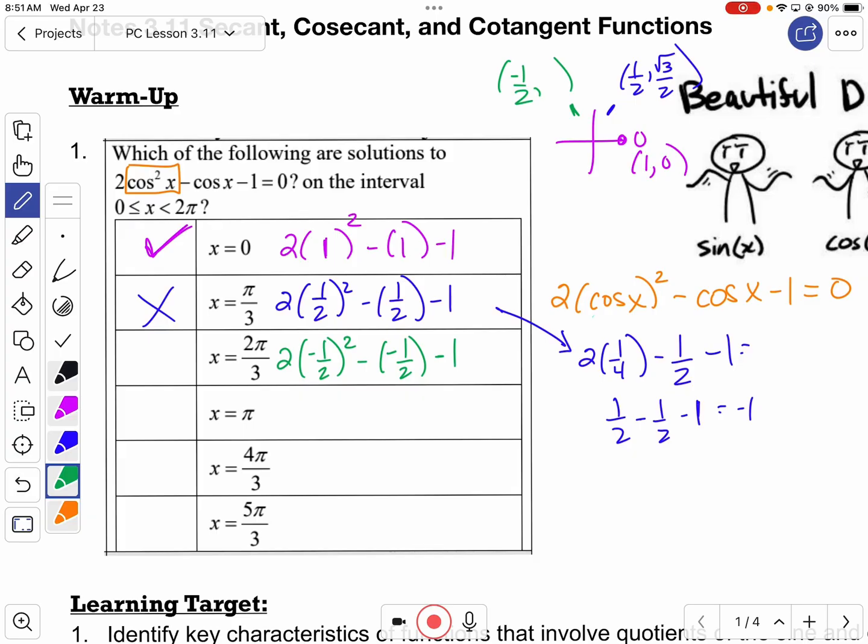It shouldn't change anything with that first term because we squared it, right? So I'd still get 1/4 times 2, which would be 1/2, plus 1/2 minus 1, right? So I'd get 1/2, plus 1/2 is 1, and then 1 minus 1, that's 0. So this one works. Okay.